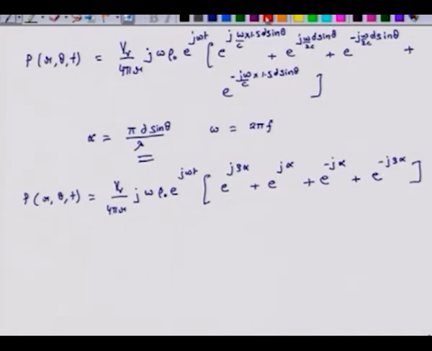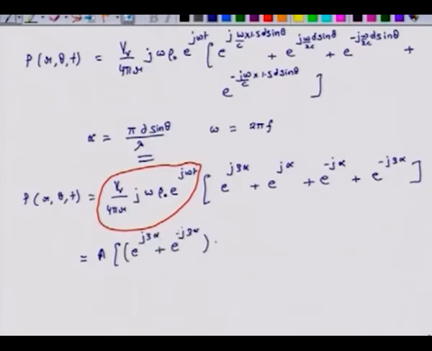I call this term, so once again this term does not depend on theta, I call it A, and essentially what I get is this expression: e^(j 3 alpha) plus e^(minus j 3 alpha) plus e^(j alpha) plus e^(minus j alpha).